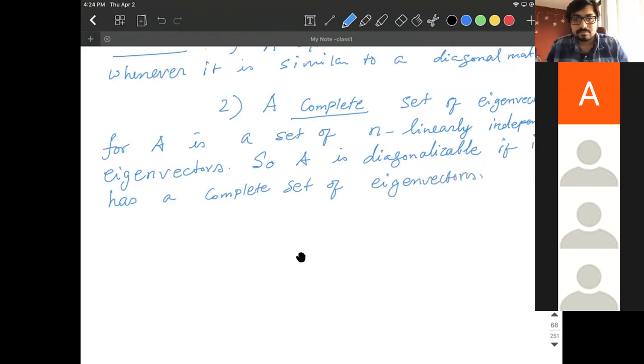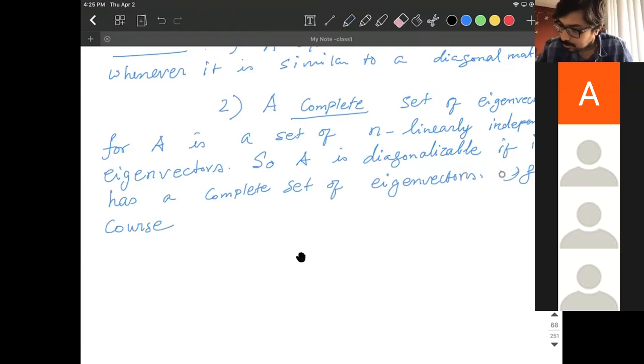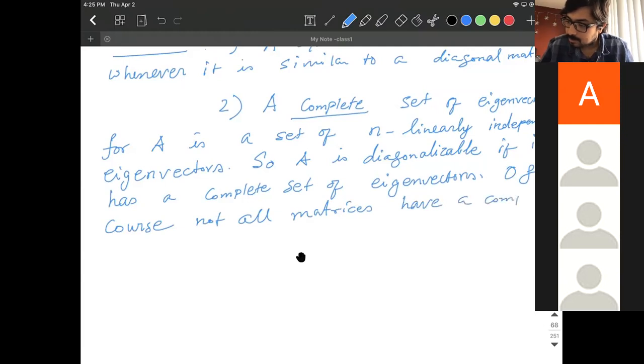And of course, not all matrices have a complete set.